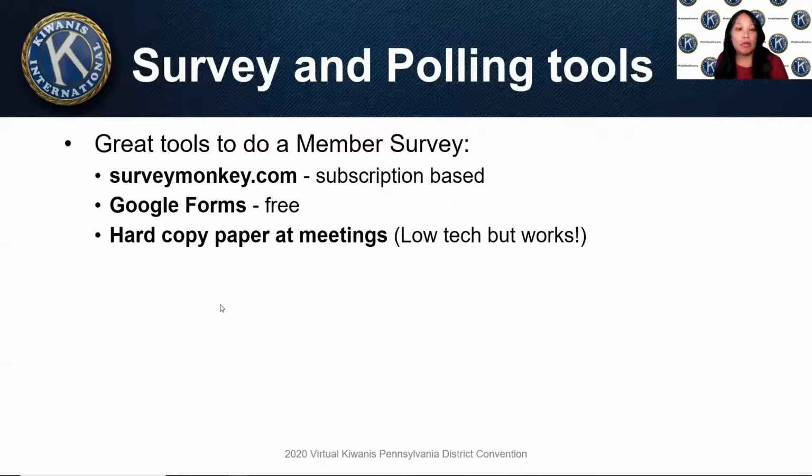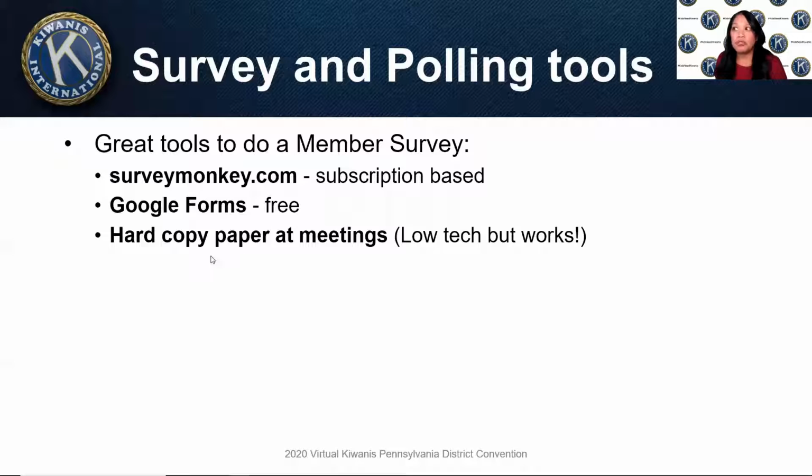Google Forms is free. Brian Root reminded me that Google Forms is an easy, free way. The whole foundation raffle, virtual raffle, was entirely in Google Forms. So it's very easy to set that up.